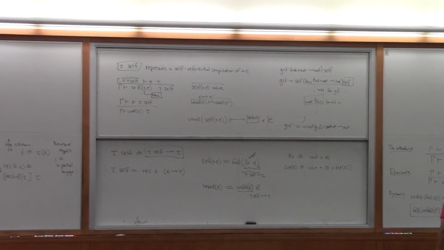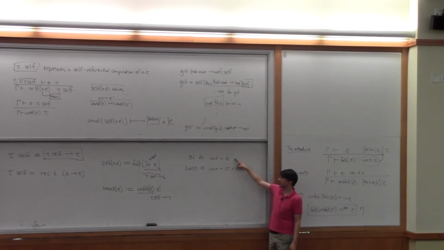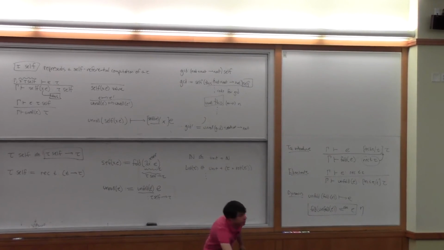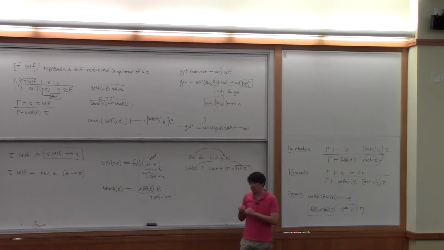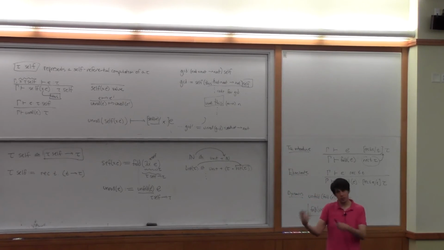When we solved these equations for natural numbers, lists, things like that, notice that the other occurrence of the type that we were defining something to be the solution to occurred inside of some sums and some products with maybe some units around it and stuff like that.